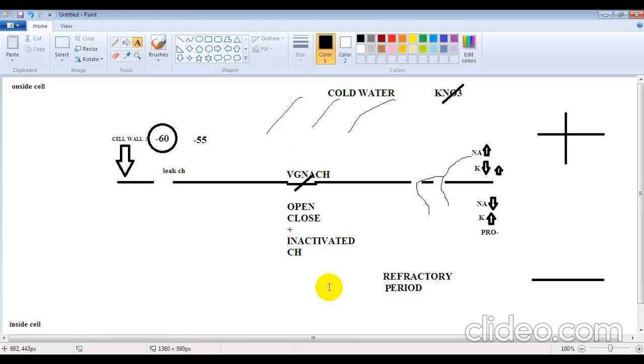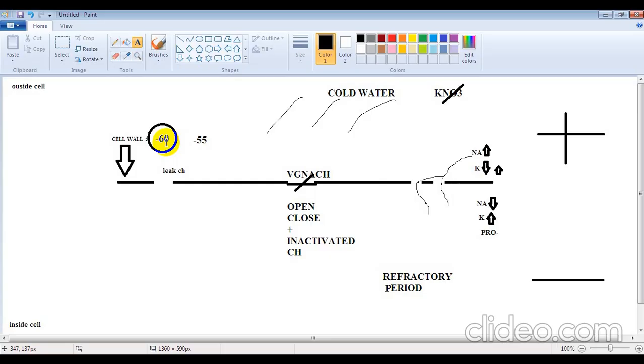Why is it inactivated? Because when I make the potassium high in concentration outside the cells and make the potassium retain inside the cells, because we have reduced the gradient of concentration between inside and outside, the cell wall potential rises to minus 60.